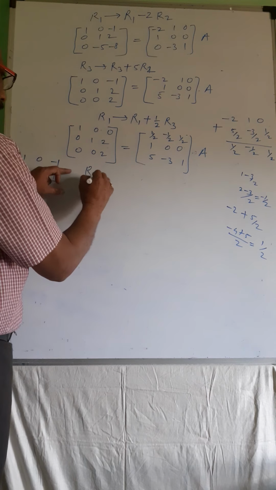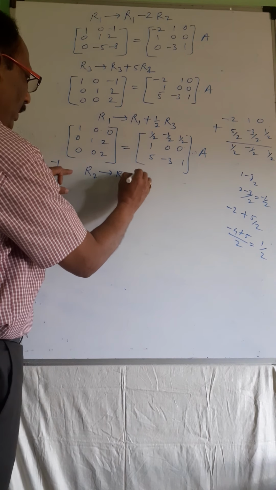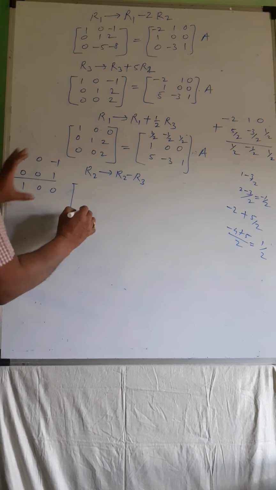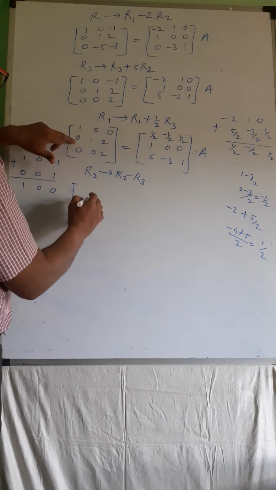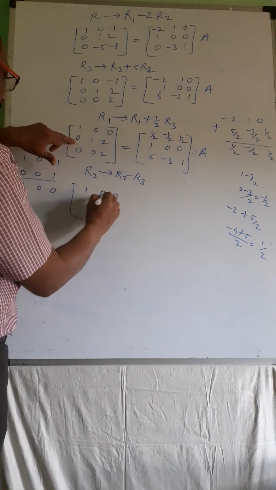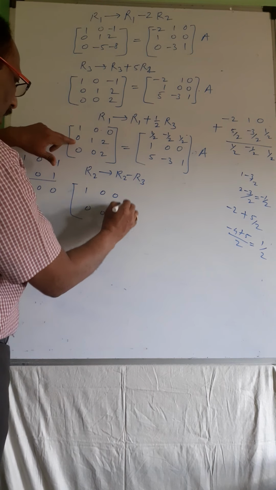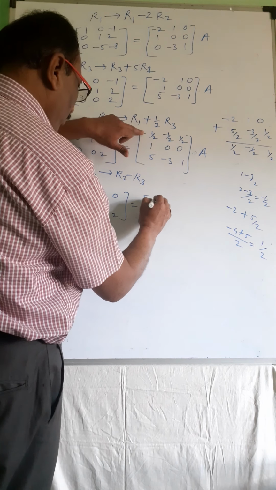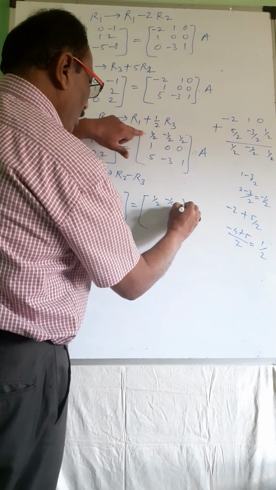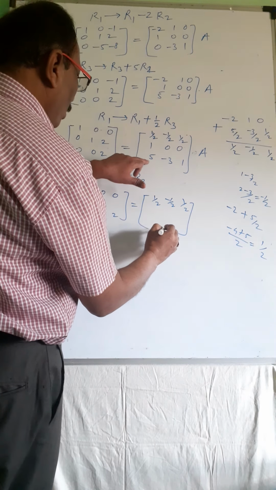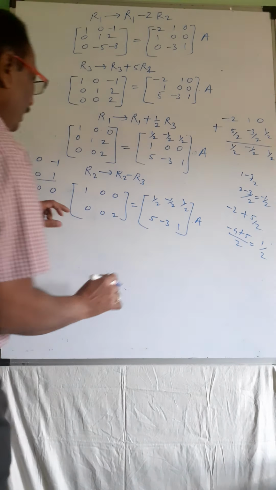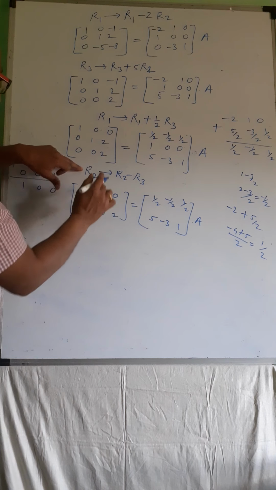R2 changes to R2 minus R3. Therefore R2 we are going to change, means first row as it is, third row as it is, equal to first row half, minus 1 by 2, 1 by 2, third row 5 minus 3, 1. Then second row, what will be second row?